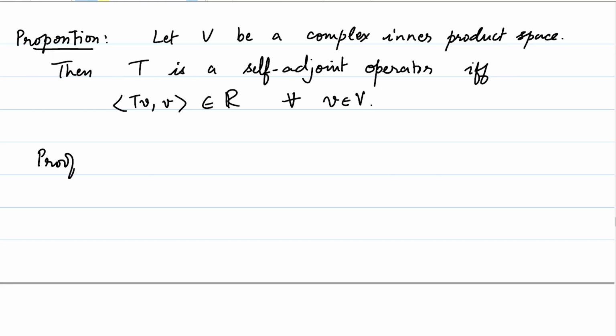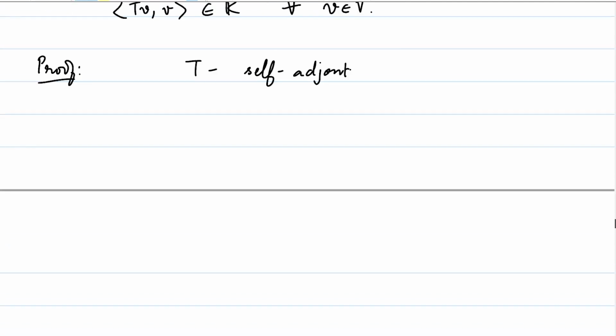The proposition here is going to use the previous theorem. So suppose T is self-adjoint. That means that T is equal to T star. T equal to T star would imply that T minus T star is 0 and therefore this is equal to 0.